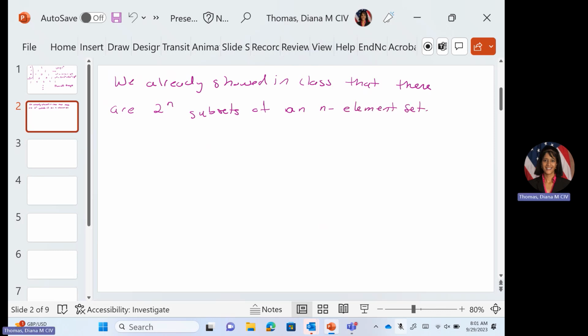I know either one person is watching that video over and over again, or some of you watched it in preparation for your own induction proof. I might have one fan in here, I don't know, but a lot of you watched the video on this proof that I did for the case of 2 to the n subsets of an n element set. Alex, was it you? You got some popcorn out.